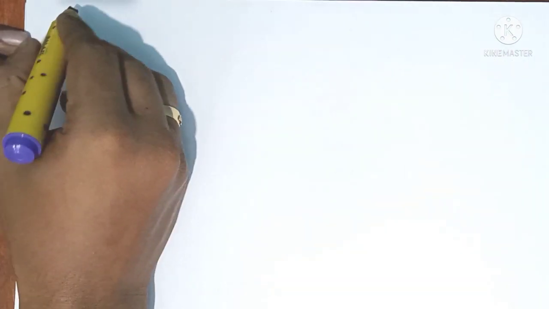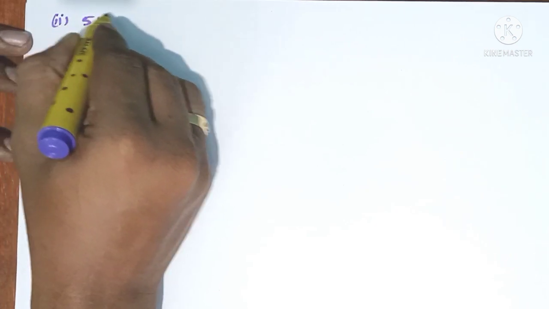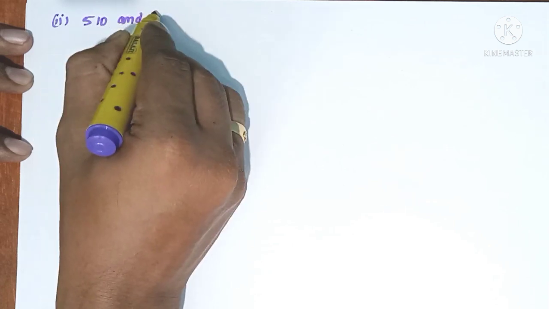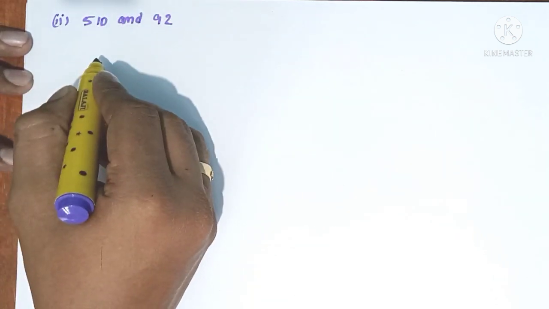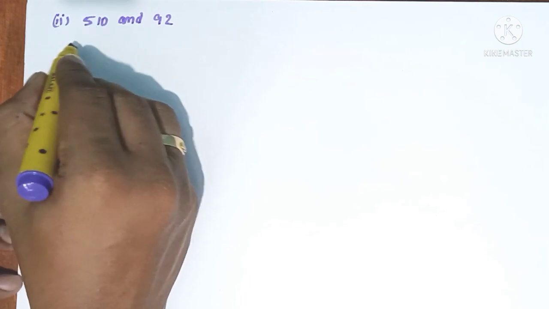Now let's see question number 2, that is 510 and 92. So we have to do the prime factorization of 510 and 92.